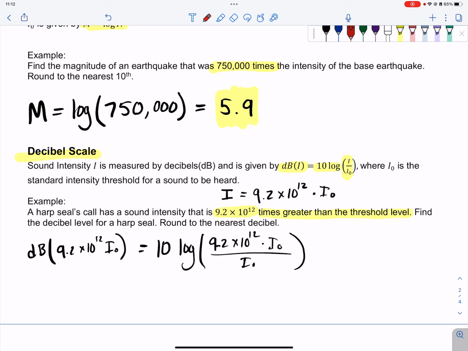So now that standard intensity threshold, the I0s, they just cancel out and we don't have to worry about it. So now this is equal to 10 log of 9.2 times 10 to the 12th power. And this you can put into your calculator. So we can write it in exactly like this. And when you do that, you should get about 130 for our number of decibels of this harp seal call.